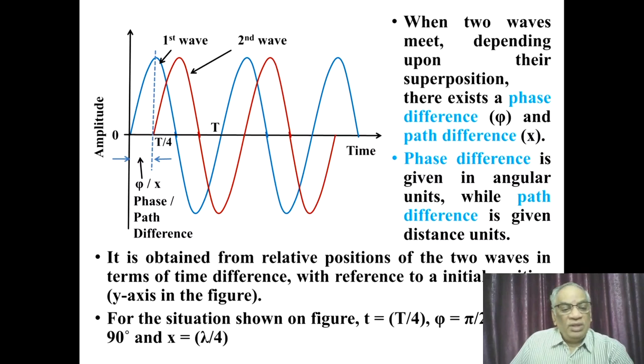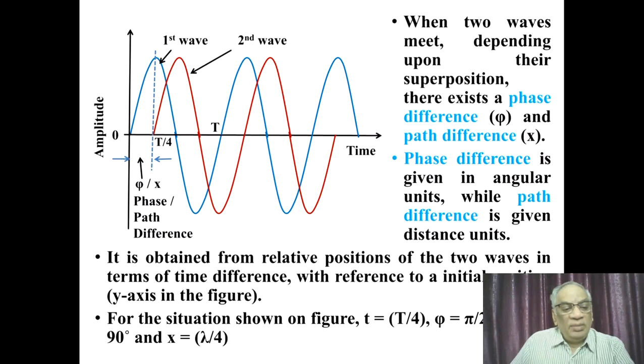So for the situation shown in the figure, the time gap is T by 4, hence the phase difference is pi by 2 radians or 90 degrees, and hence the path difference is lambda by 4. Here it may be noted that the time taken for one full wave is T, the distance traveled by the wave is wavelength lambda, and the angular displacement is 2 pi radians.